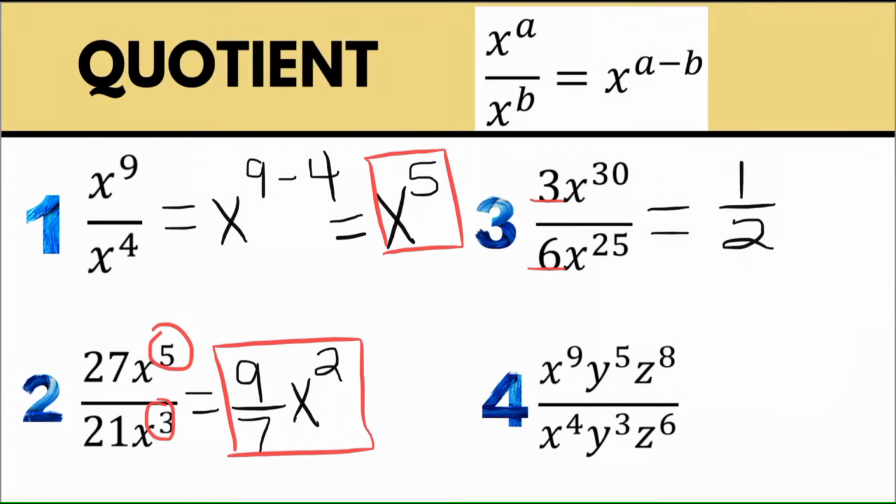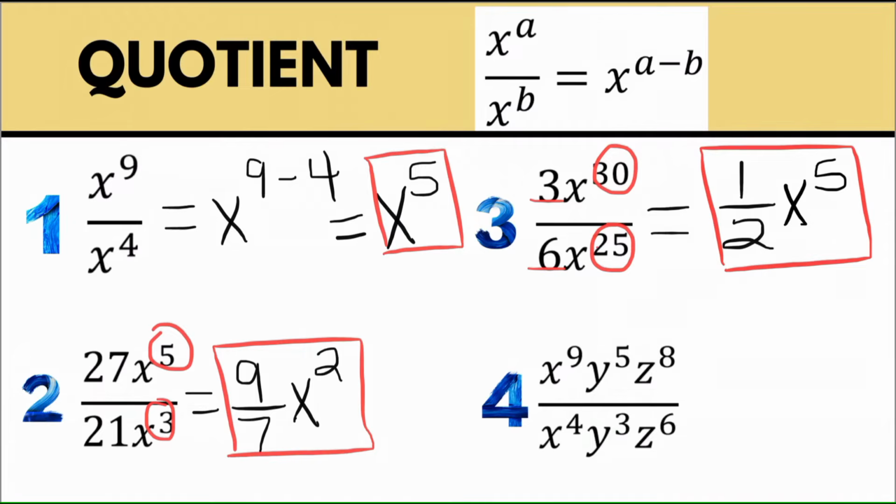And then for the exponents, 30 minus 25 equals 5. Oops, sorry, I need to write a 5 here. That equals x to the 5th. So 1/2 x to the 5th. And again, you could also write x to the 5th on top over 2. That is the same answer.